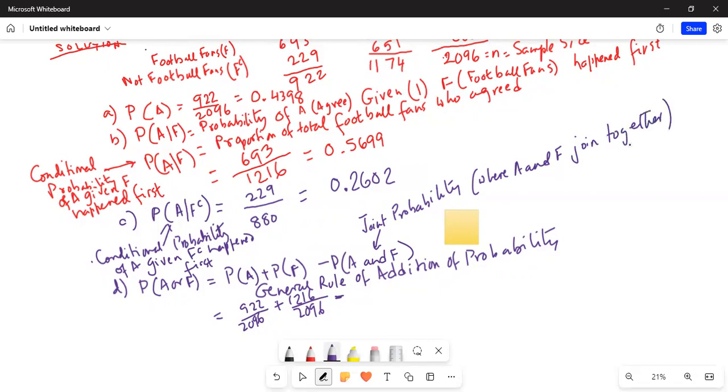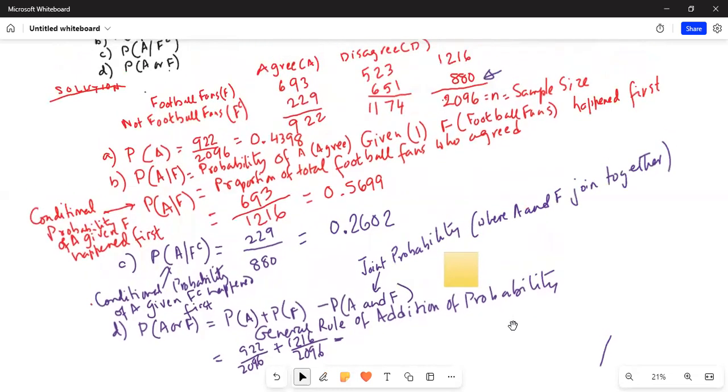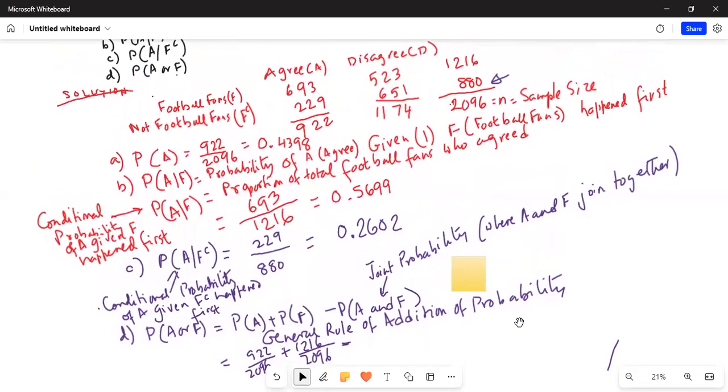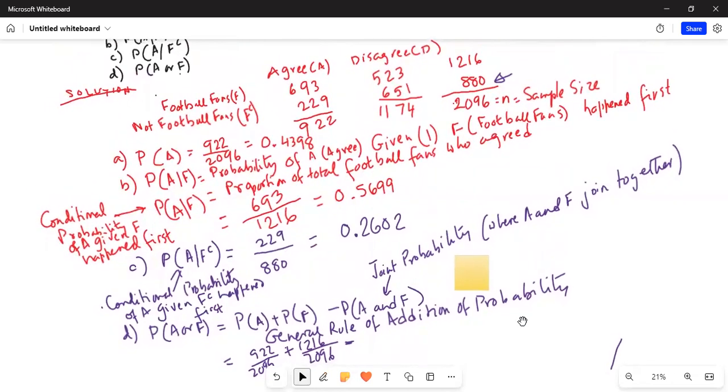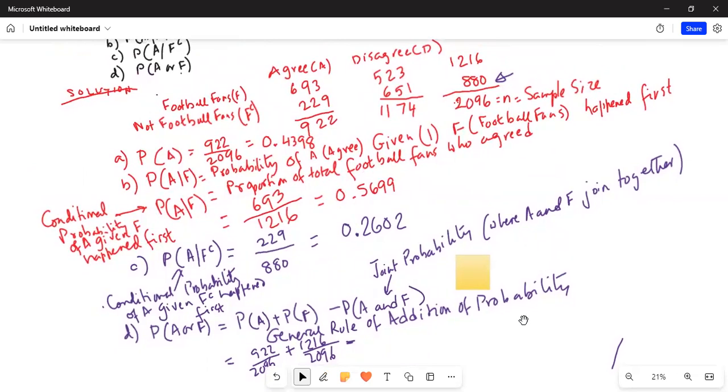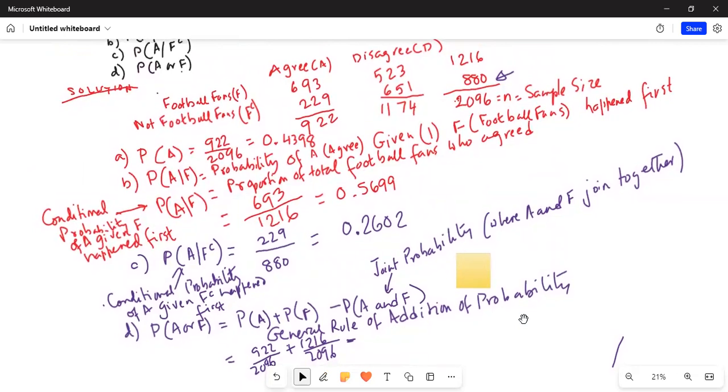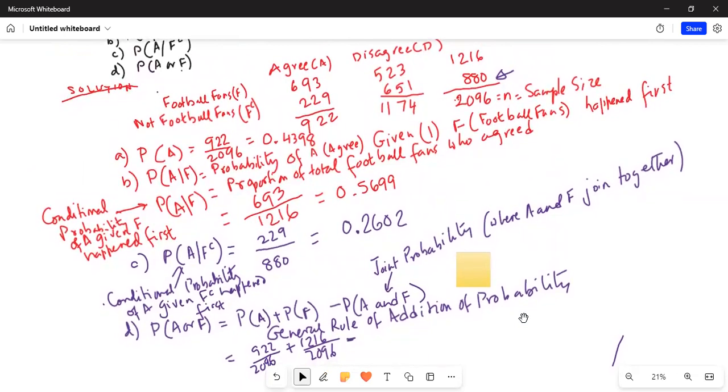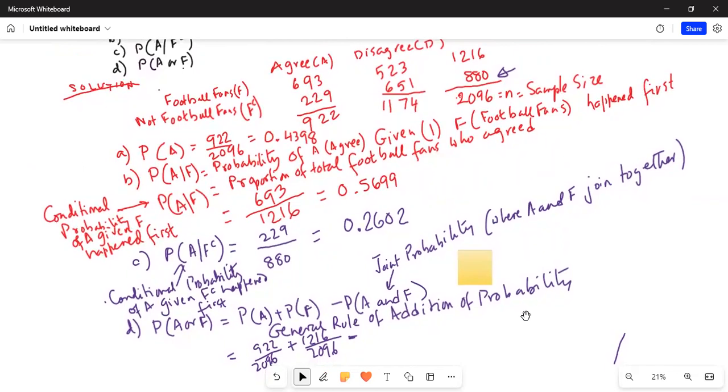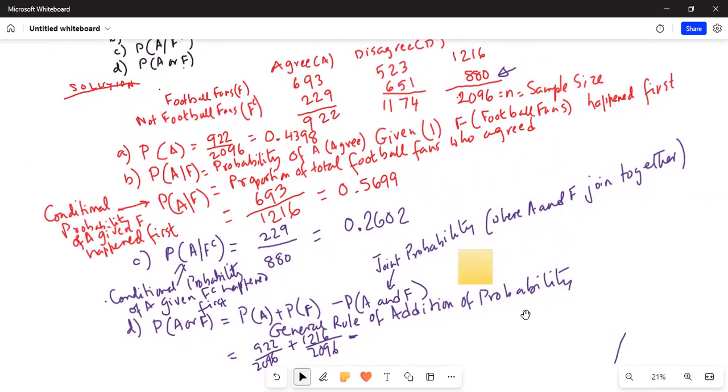Remember, A is in the first column. So total of agree is 922 out of 2096. Total of football fans is 1216 out of 2096.